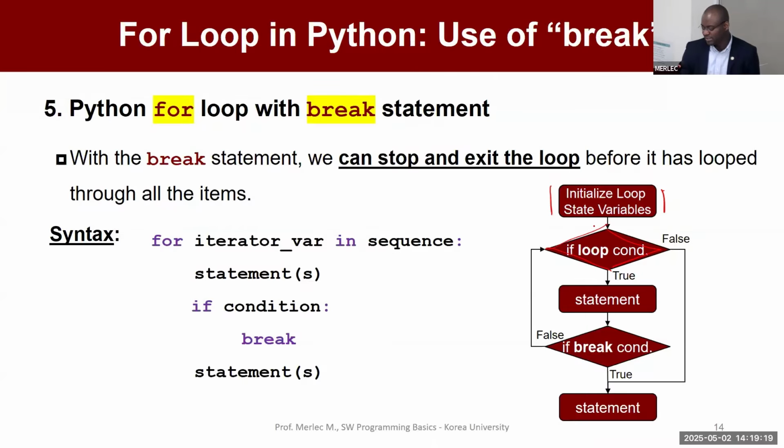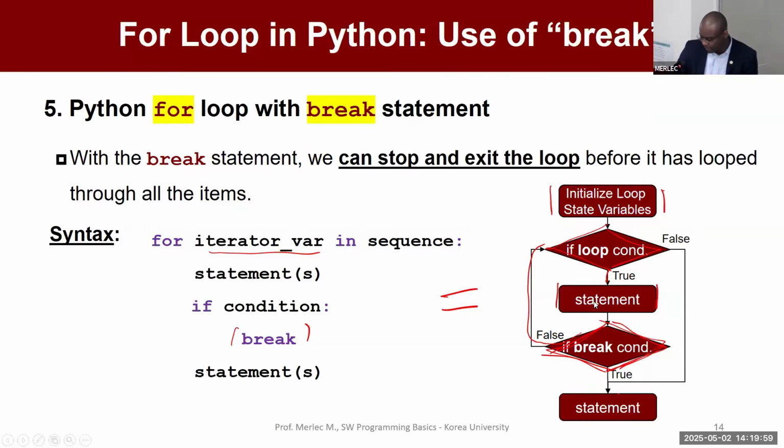If the condition is satisfied, depending on the value initialized for the iterator, we can execute the statements. If the break condition is false, we will keep running inside the loop. And when this condition is verified, that means the break, we will exit.